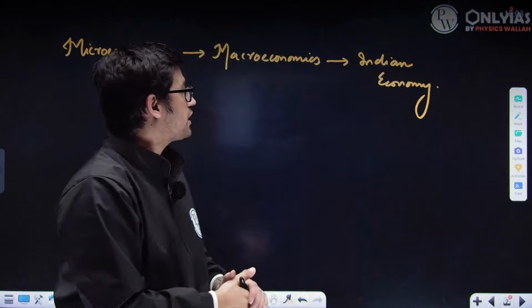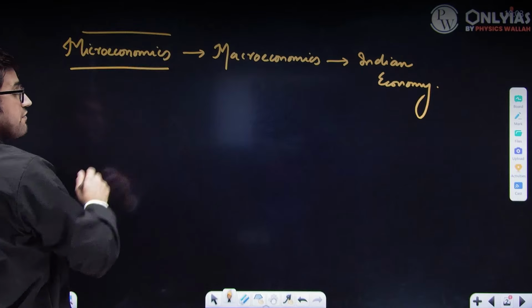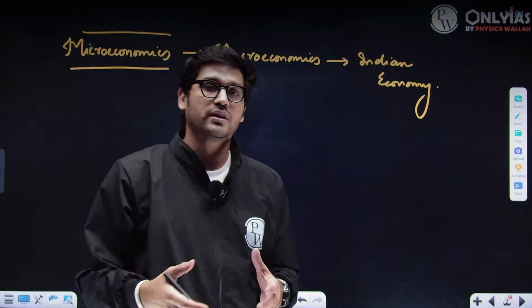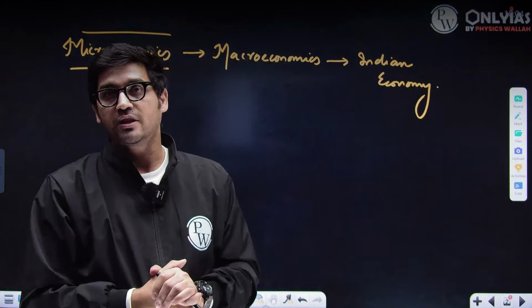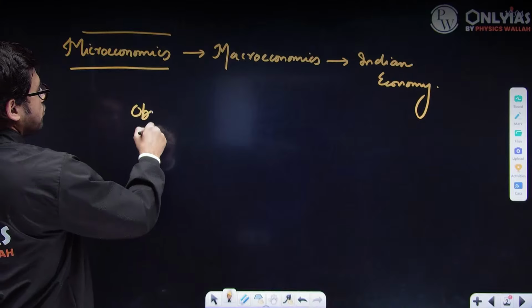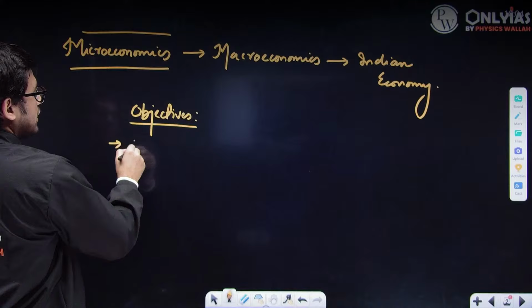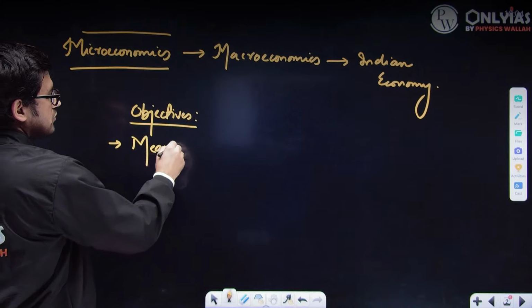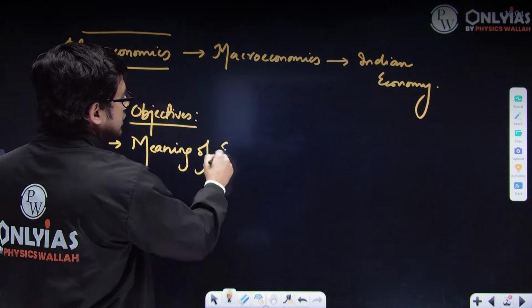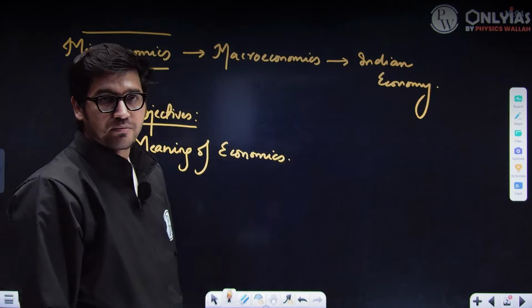Today's discussion will be centered around microeconomics. In fact, today's class is an introductory class. So what will be the objectives? The objectives of the introductory class would be to first understand the meaning of economics as an academic discipline.